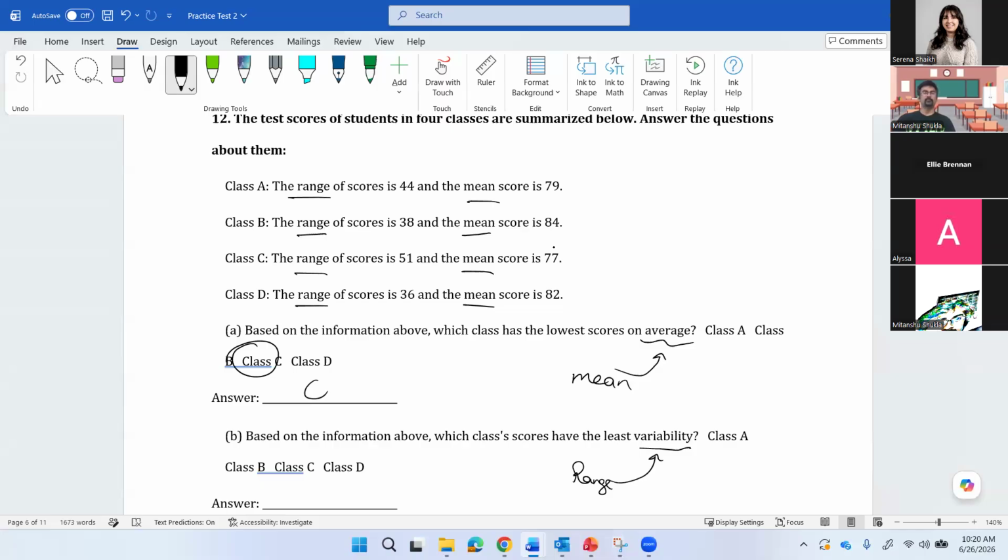And when they're asking for the least variability, we care about the smallest range. So it's going to be D. And it kind of makes sense, right? When we think about variability, I'm thinking variety, right? If I have a lot of options, then I have a high variability. If I don't have a whole lot of options, then I don't have a whole lot of variability. Does that make sense?